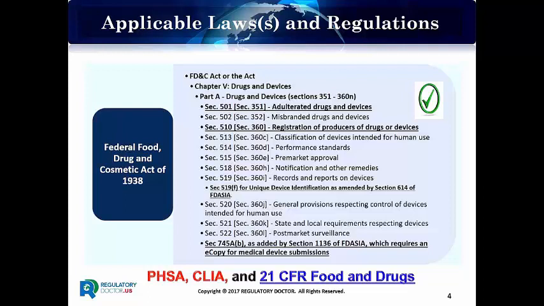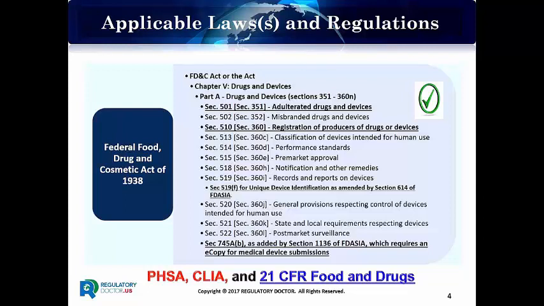Under the FD&C Act, there are various chapters, and under Chapter 5, which you see here, are drugs and devices. Under Chapter 5, there are a few sections that I'd like to point out, for example Section 501.